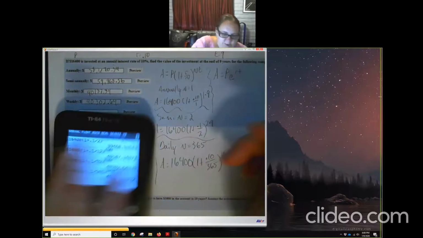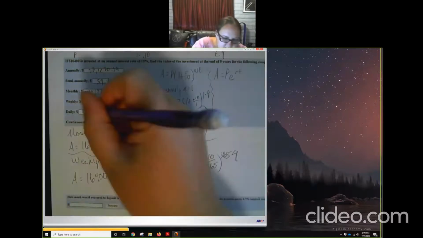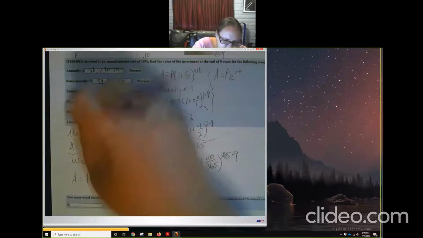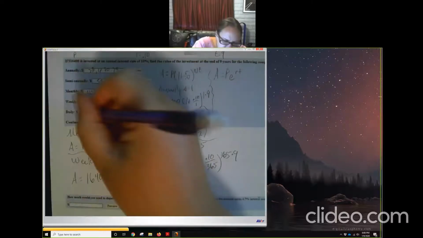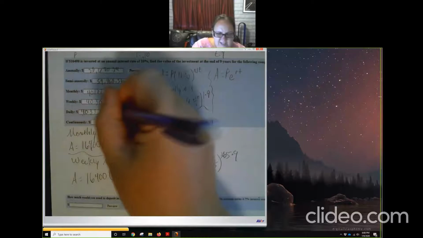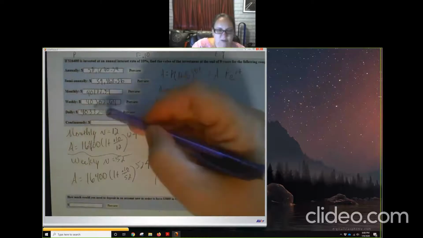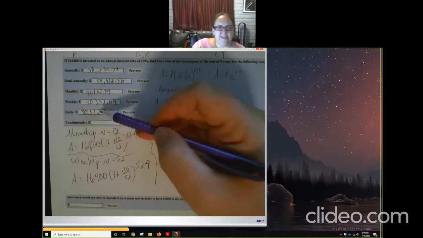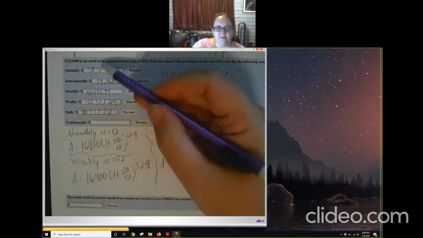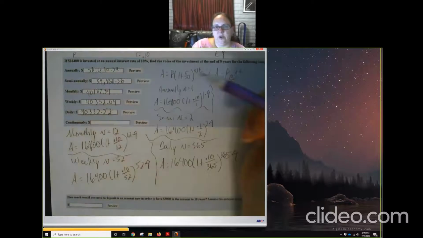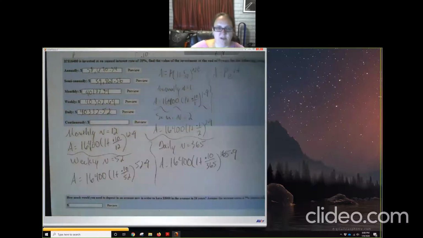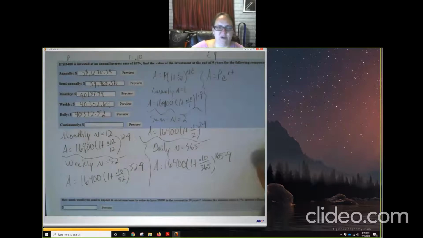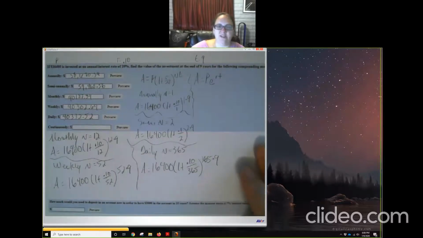Not a lot more, but at the end, we wind up making almost $2,000 extra by compounding daily versus compounding only once a year. So the more often you compound, the more money you will have because they're paying you interest more often, so your balance is increasing more often, which means that you have more money to generate interest on.